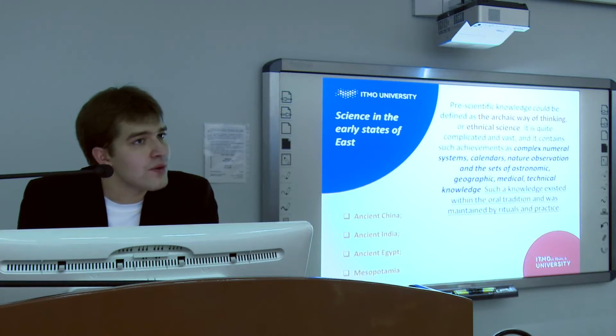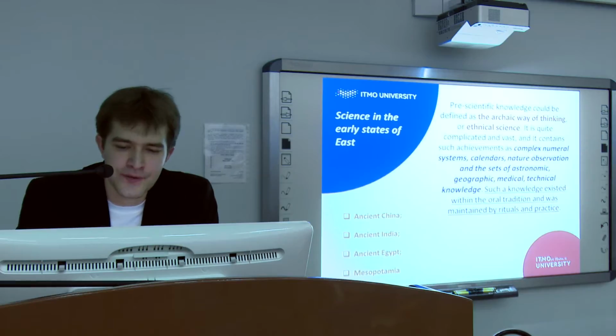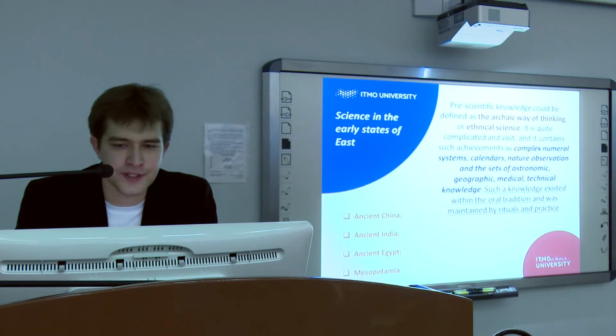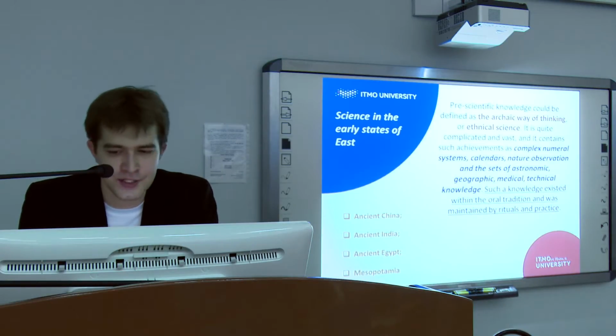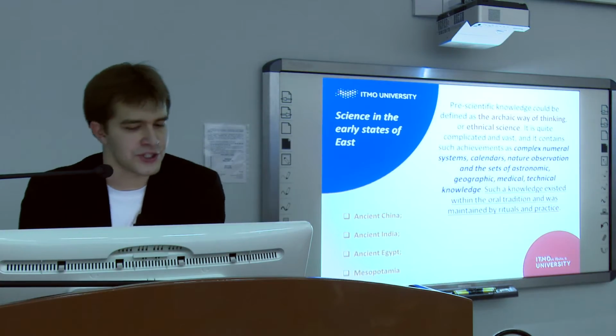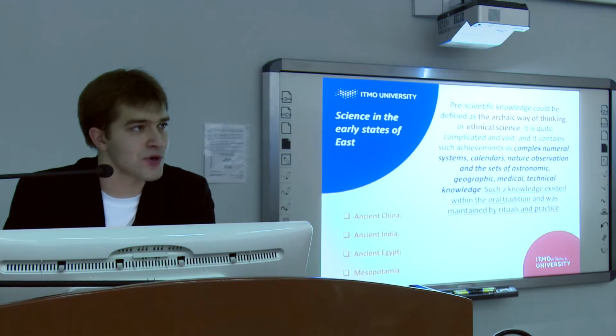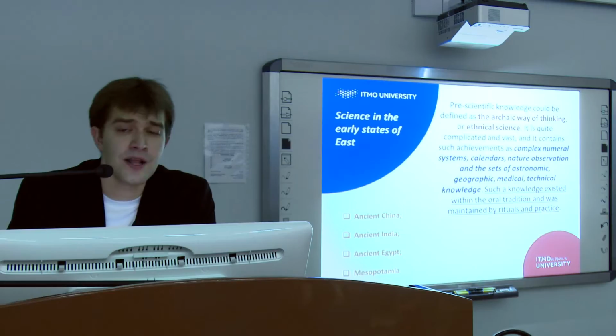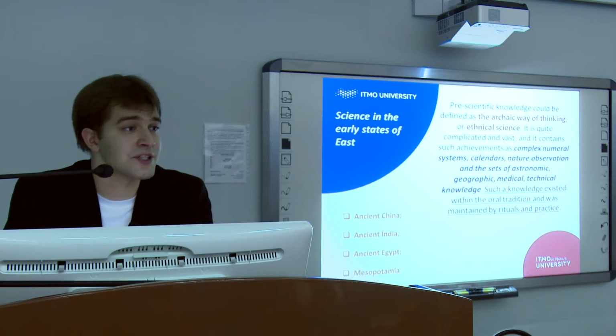So the next peculiar thing about this pre-scientific knowledge is that this type of knowledge existed within the oral tradition and was maintained by ritual and practice. This is a crucial position, because you understand that there were only some narrow circles of those who were really dedicated to this knowledge.